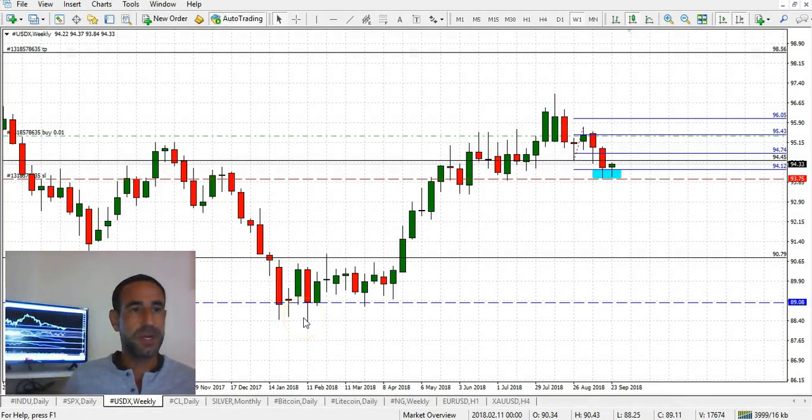Alright, so what you see here is the US dollar index weekly chart. And what I see here basically is a very strong bullish opportunity right now. I'm going to share with you the technical picture. It's quite interesting. But first, let's talk a little bit about fundamentals. From the fundamental point of view, it's all about the US dollar right now.